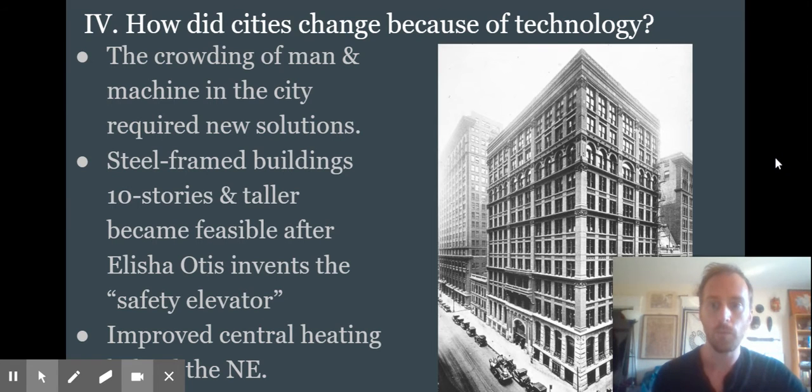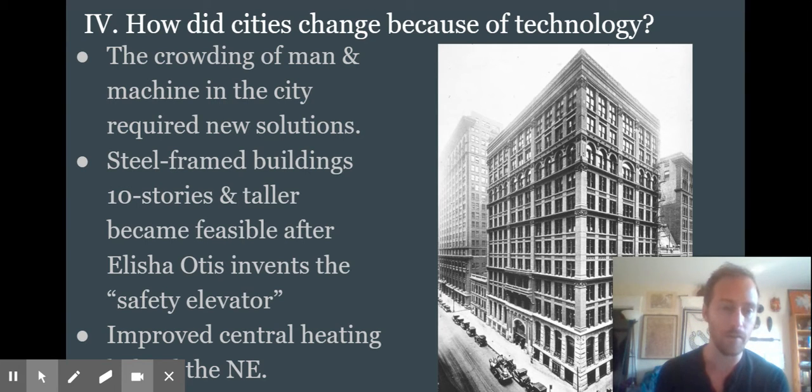You can't really build a building more than 10 stories tall, not because you can't keep it standing up, but because no one wants to climb more than 10 flights of stairs. So there is not a country or a city in the world where there are towers taller than 10 stories that people live in until Elisha Otis invents what's called the safety elevator, which I love about the 19th century, because if there's a safety elevator, one might assume there's, I don't know, a danger elevator before this.